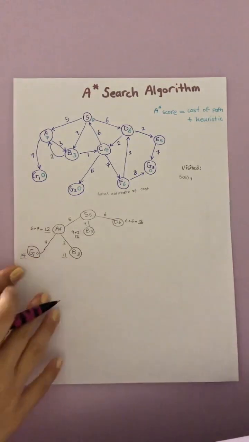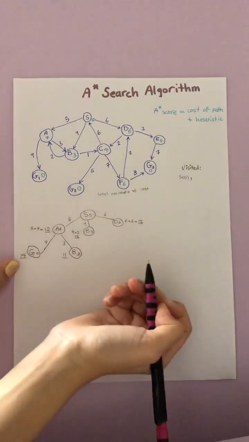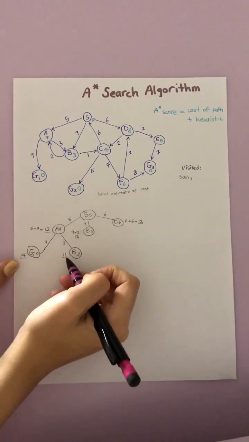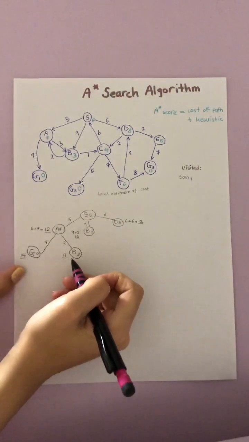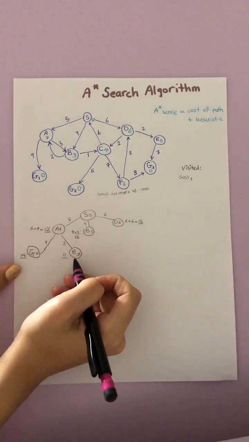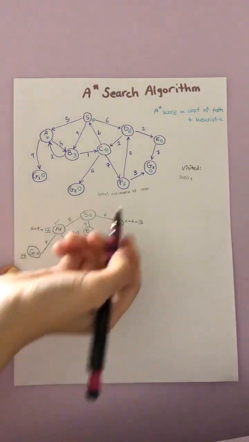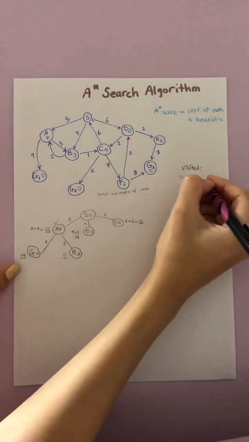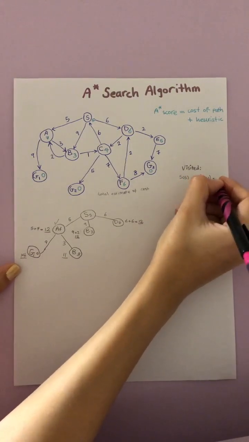So among 14, 11, 12, and 12, 11 has the least amount. So we need to expand this. But before we expand this, we have to write that we have visited A with the cost of 5 here.